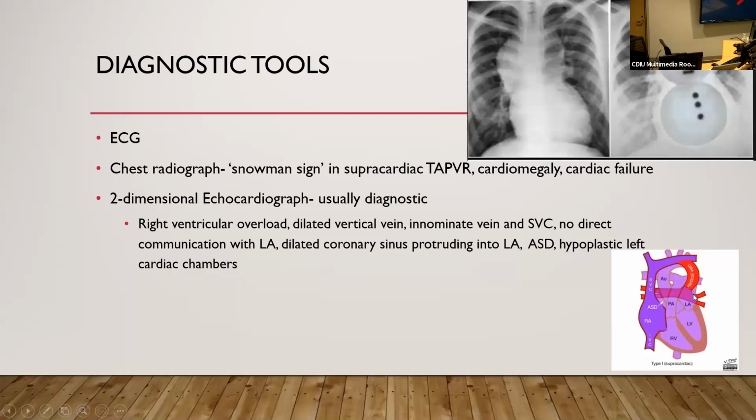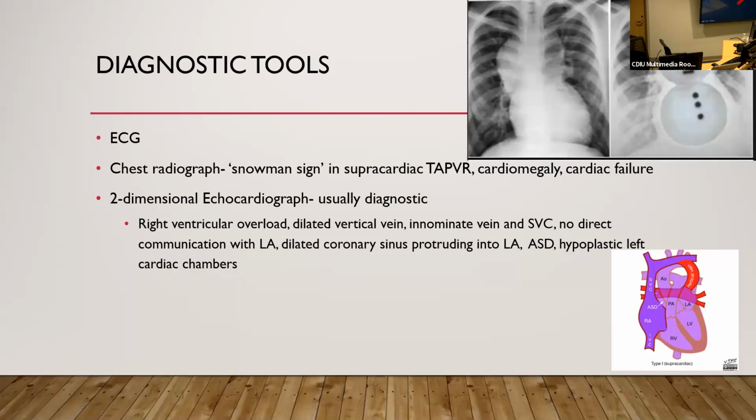So this vertical vein goes superiorly, and then you have a radiodensity in this region that eventually forms the head of the snowman, and then the rest of the heart forms the body of the snowman. So that's the typical snowman sign in a TAPVR. Other features on X-ray would be cardiomegaly and eventually cardiac failure. But chest X-ray is not diagnostic.